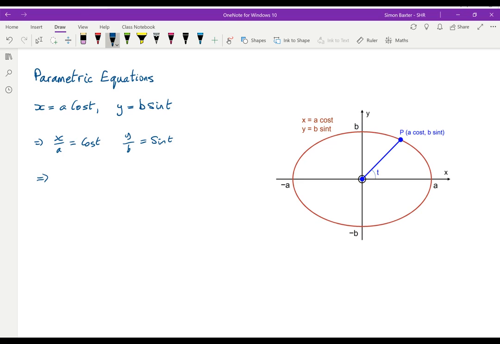And we know that cos squared t plus sine squared t is 1, which gives us that x squared over a squared plus y squared over b squared equals 1. So the parametric equation and the Cartesian equation do describe the same curve.